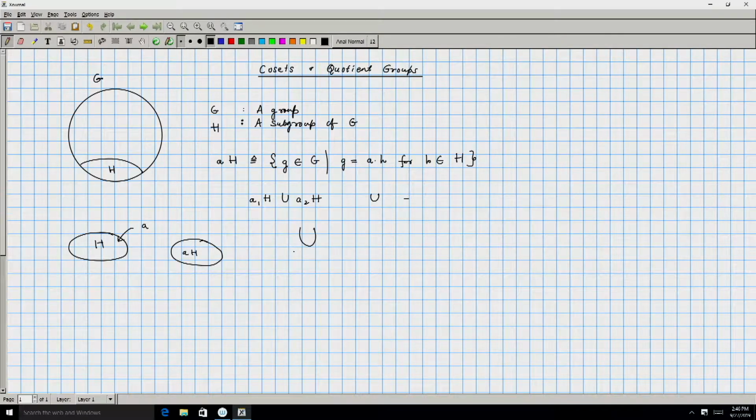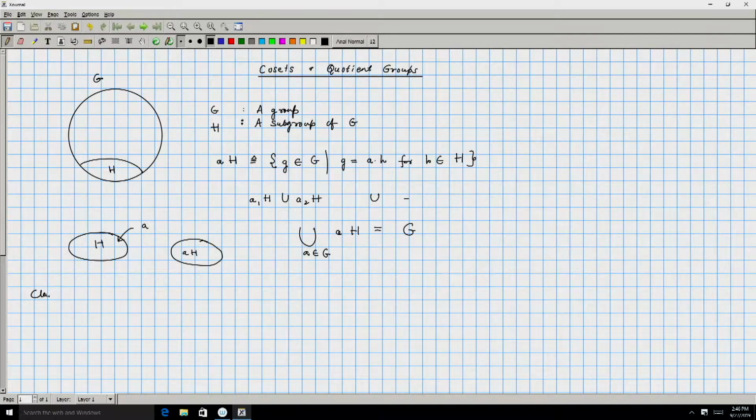In other words, the union over all a belonging to G of aH will be equal to the set G. But what is more interesting is, if you take two cosets, they either are one and the same or they are disjoint. Okay. So, this is the claim.